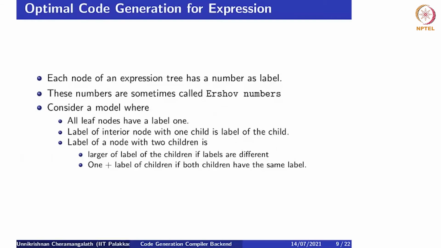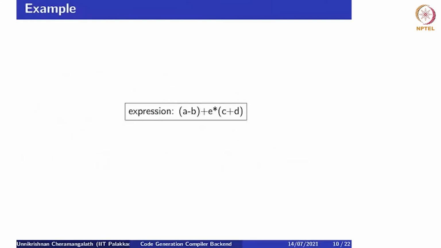Got it? So for this expression, a minus b plus e star c plus d, you can imagine what the expression tree will be. First a minus b will be evaluated, then c plus d. Then star comes with a higher precedence, so e star c plus d will be evaluated.